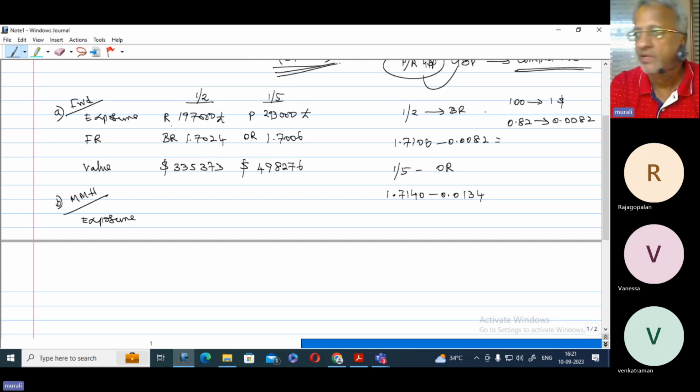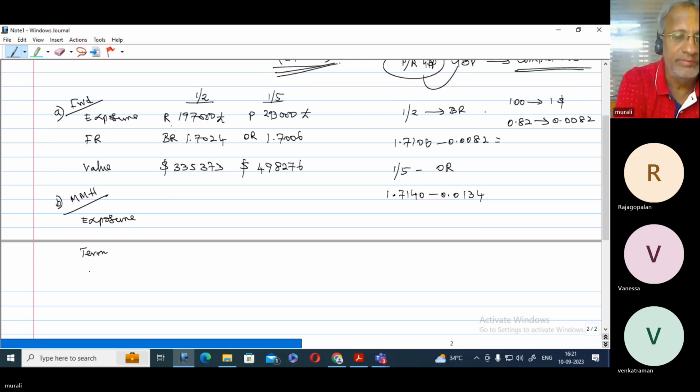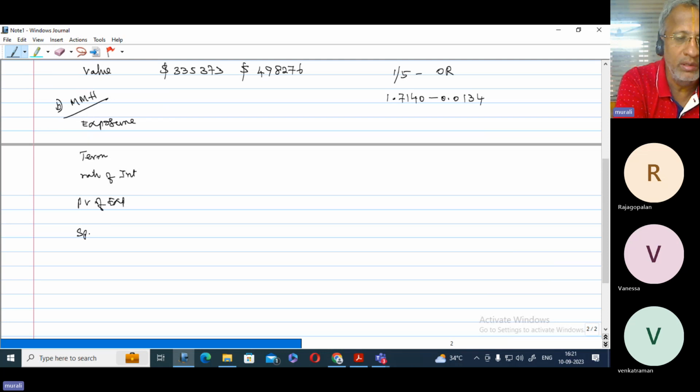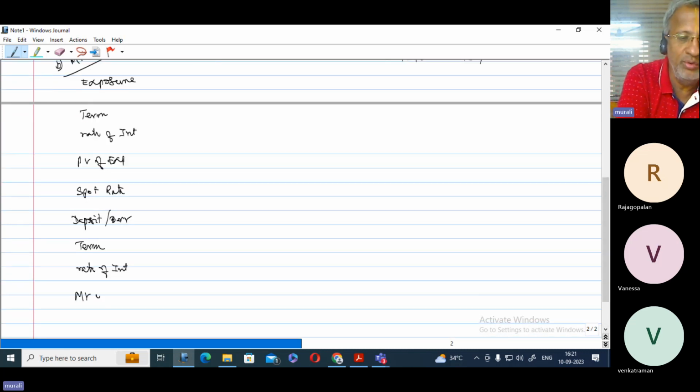We know that there are 8 or 9 steps that we will be taking up: exposure, term, rate of interest, present value of exposure, then spot rate, then borrowing or depositing, once again term, rate of interest, and maturity value of deposit or borrowing.